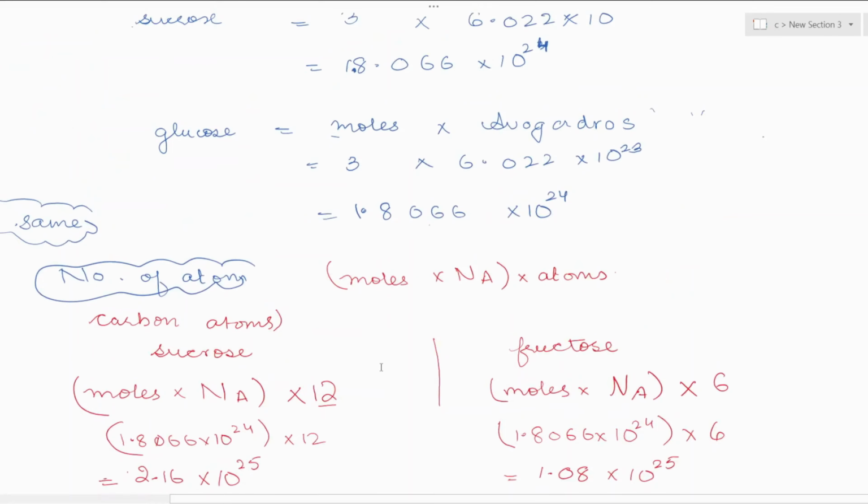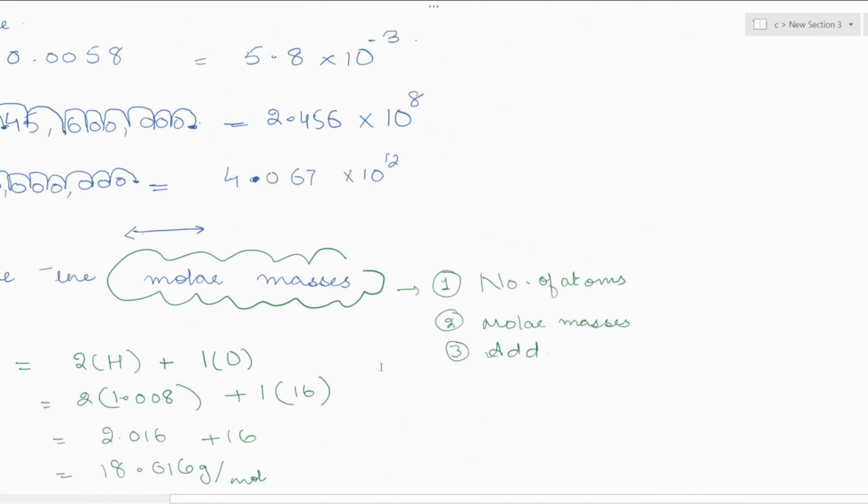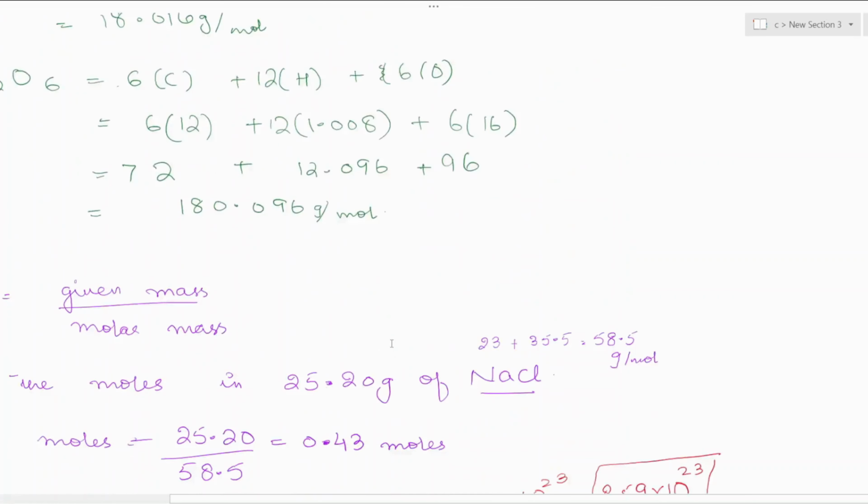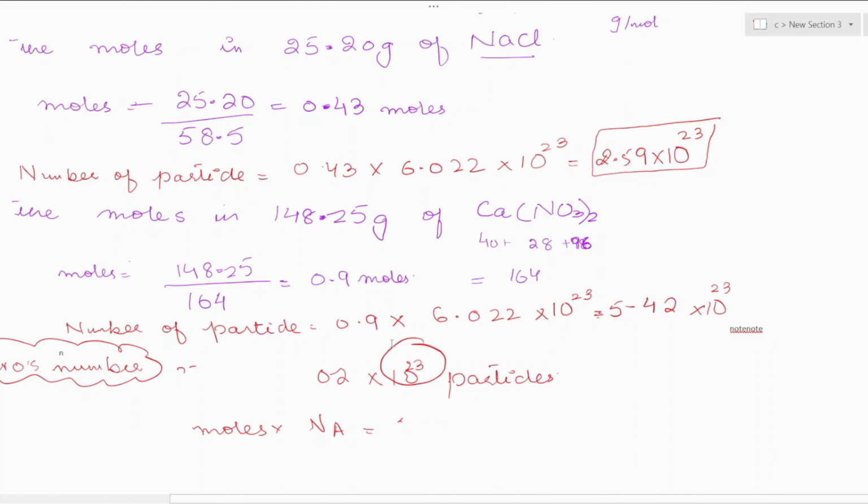Okay. The very first thing that we did was the molar masses. How to calculate the molar mass? We just write the number of atoms and then write their atomic masses, and then we add them. In the second one, we calculated the moles.